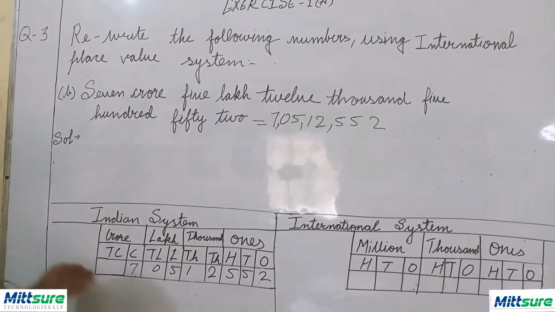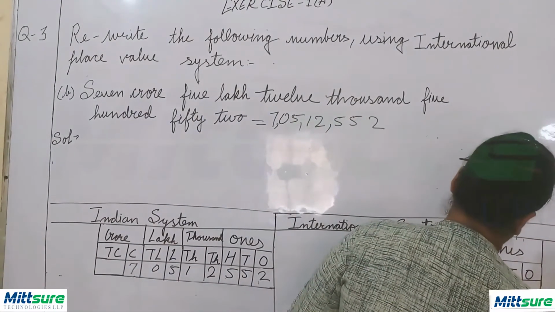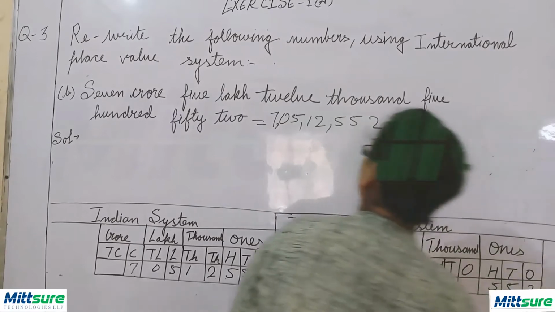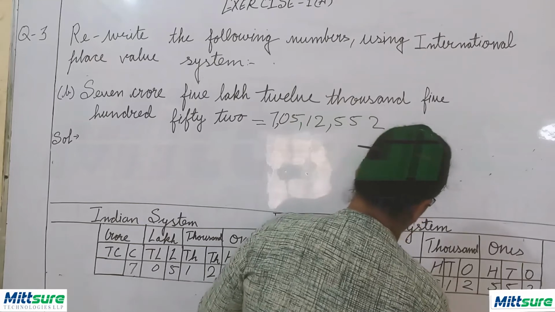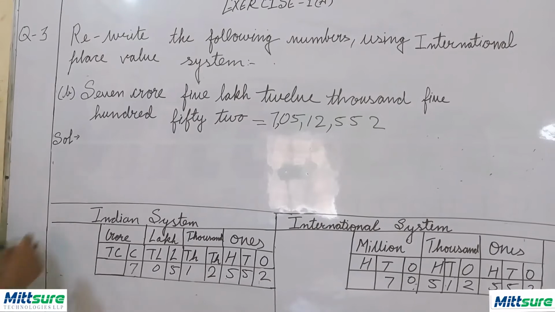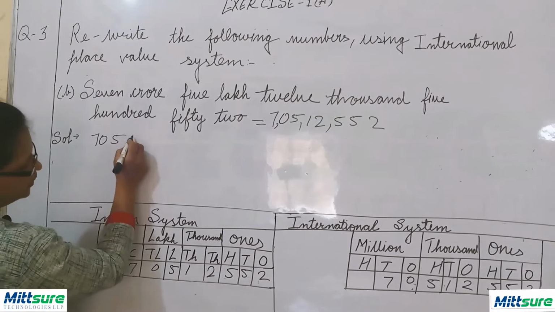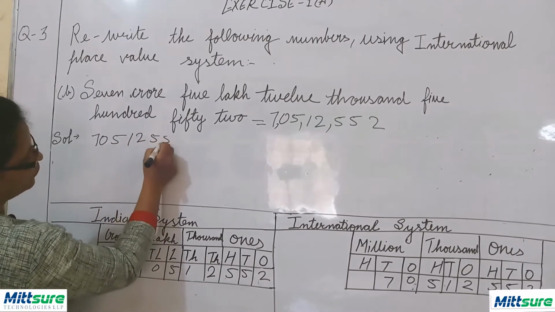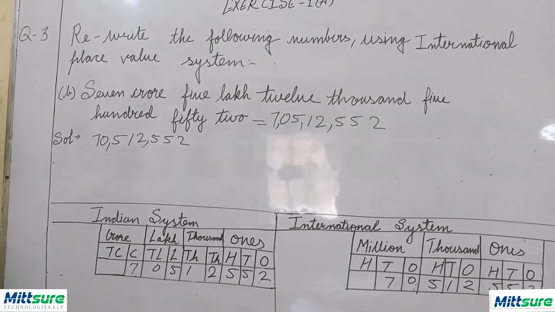Now I will write this number in the international system. Now if I write this here, in the international system it will be 70,512,552.